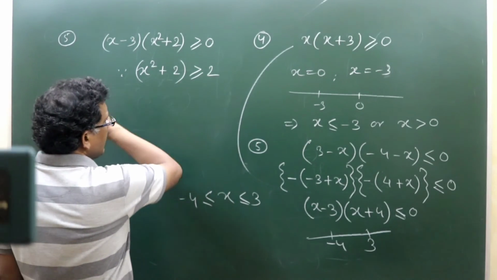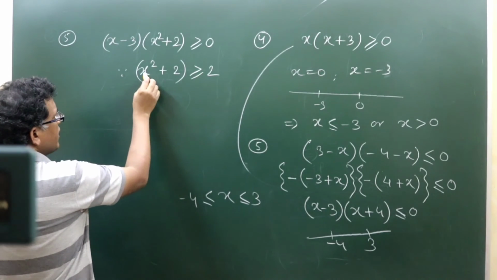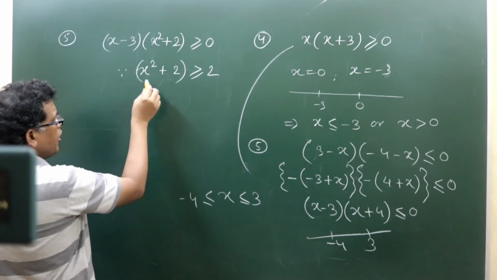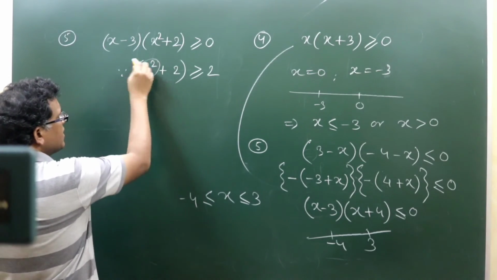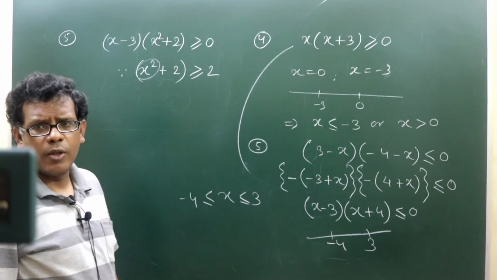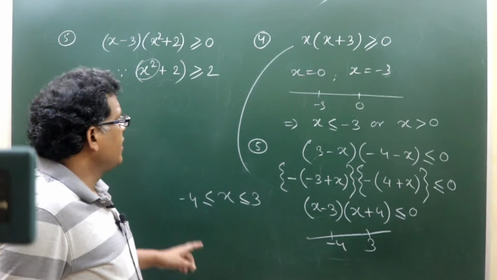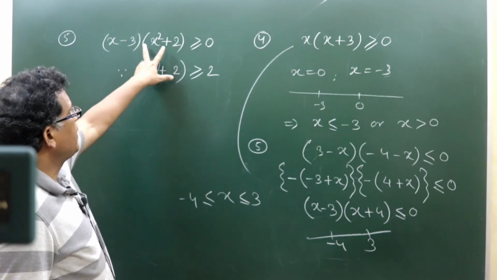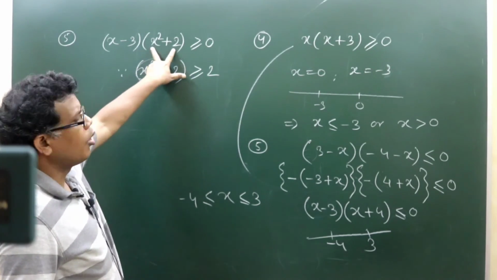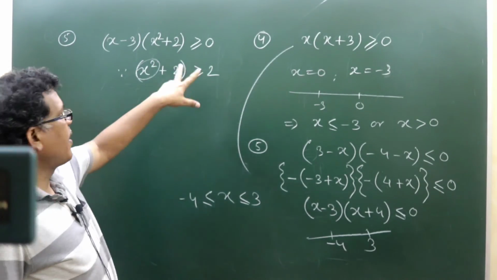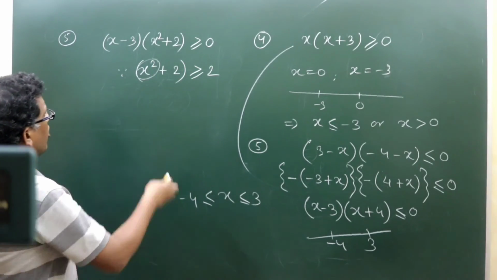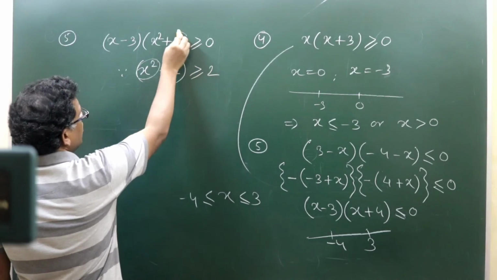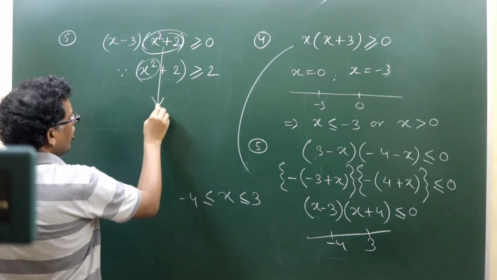This expression can never be negative because x square itself is always positive, or at minimum it can be 0. Even if you consider the minimum permissible value of x square as 0, we still get the overall value of the factor as 2. That means this factor is either 2 or more than 2. This factor can never be negative. So now our overall argument is that the product of these two needs to be positive, and this factor is always positive.